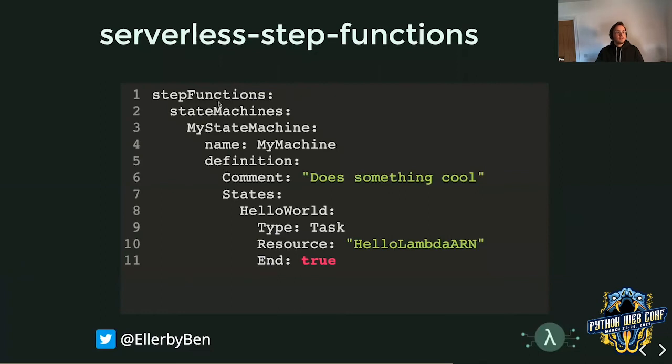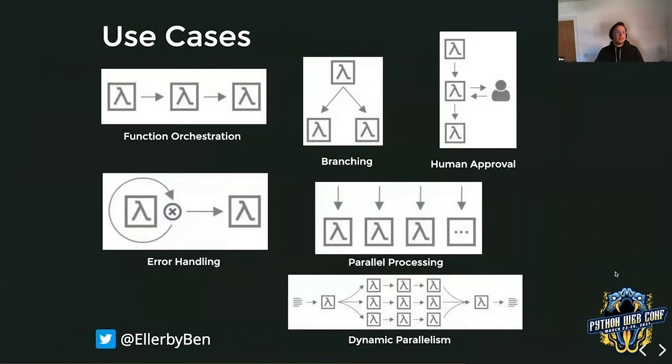So we have step functions, a state machine, my state machine, the name of it, the definition, which includes a comment about what it does, but then the states. So we have hello world, which is a task, which is going to run an AWS Lambda function, and that also happens to be the end state in this very simple example.